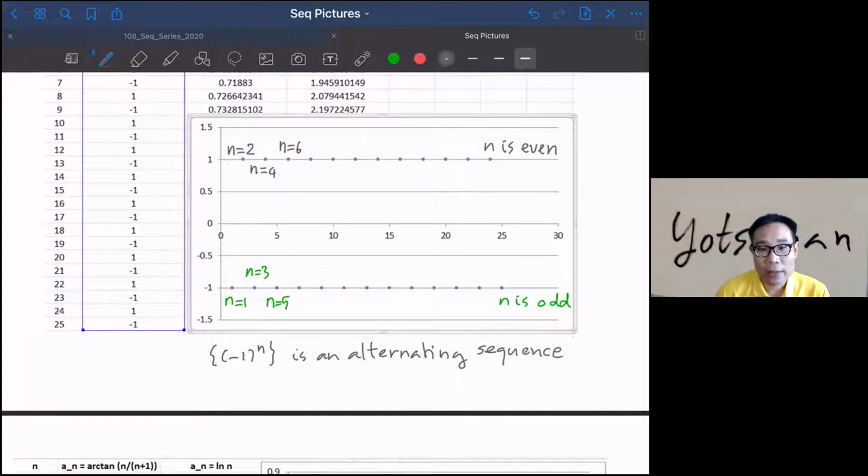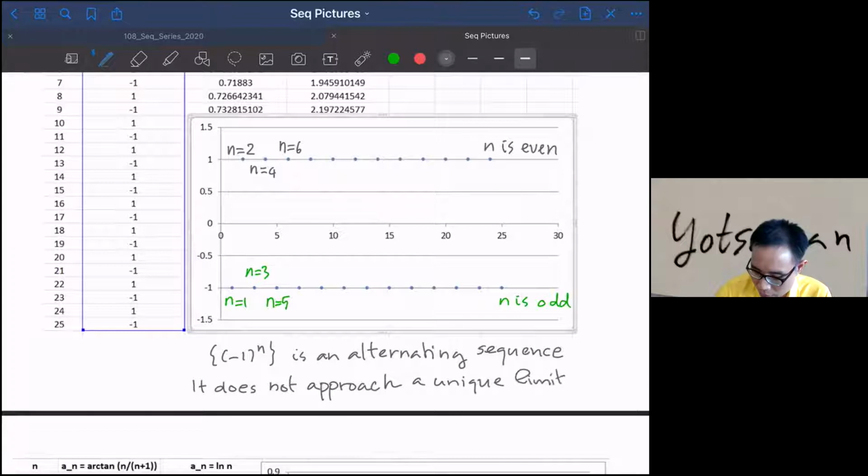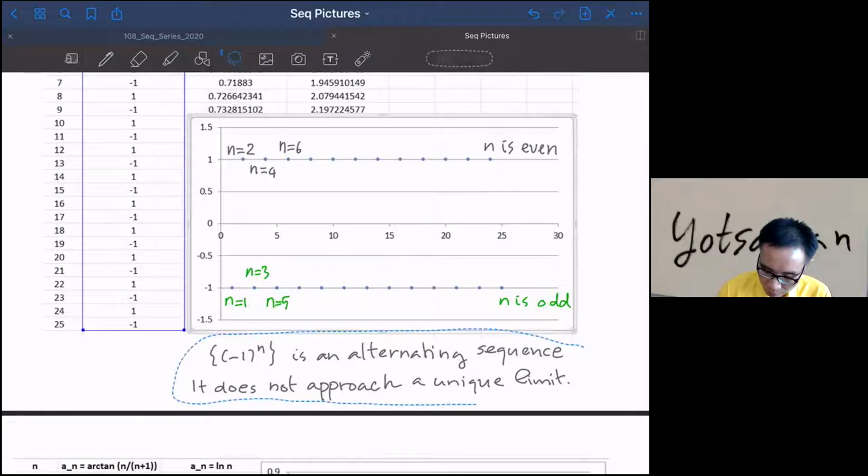It goes up, down, up, down, up, down, and it does not approach a unique limit. Hence, in this case, it turns out to be no limit. So we're going to conclude that it has no limit.